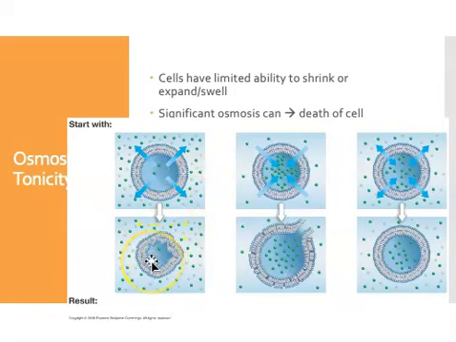Now, a small amount of water can leave a cell without damaging the cell. But if a large shift occurs and a large volume of water leaves this cell, the cell is going to collapse down on itself and the membrane will be damaged till eventually the cell dies.